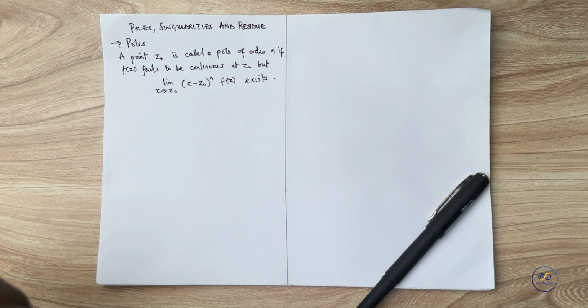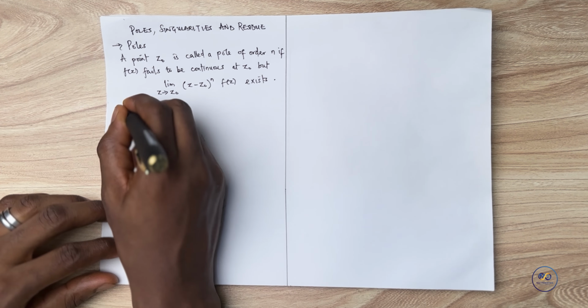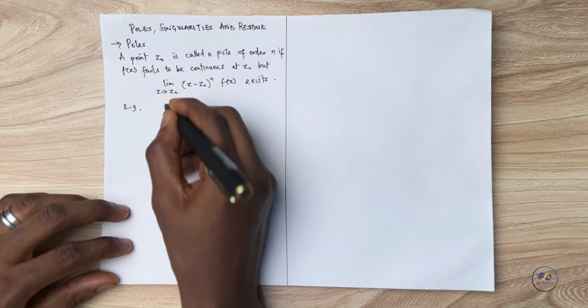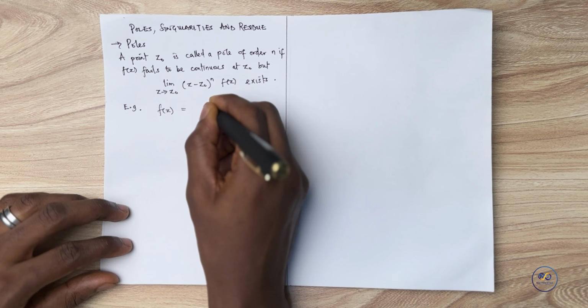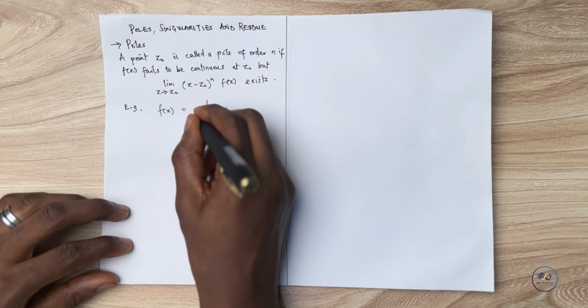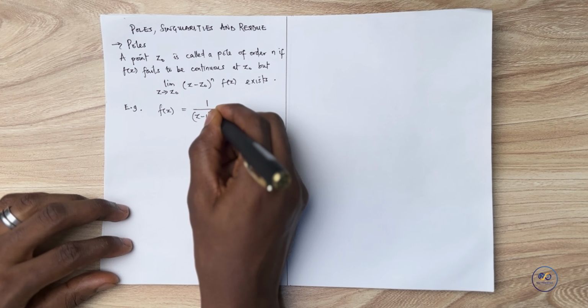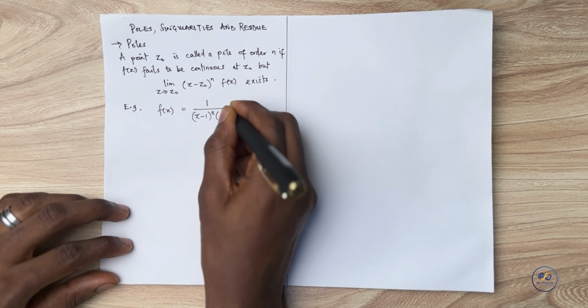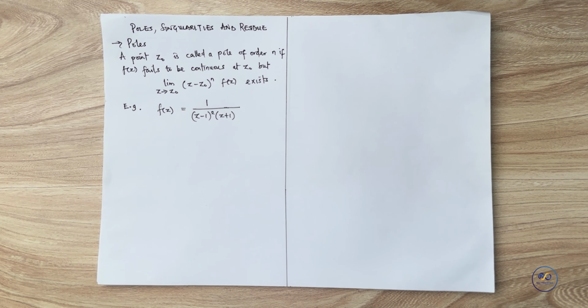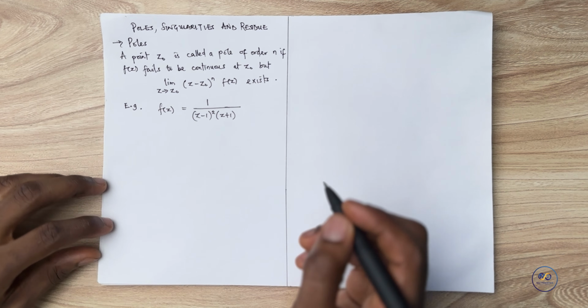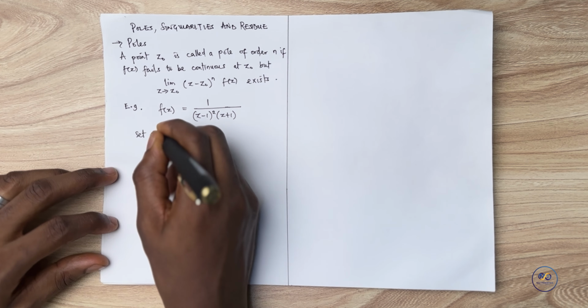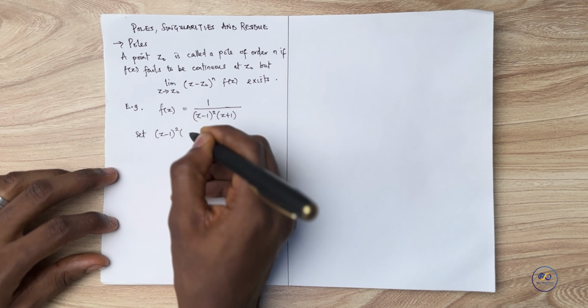undefined. Now, a good example and something very, very simple to work with is if we have a function which is equal to 1 divided by (z minus 1) squared times (z plus 1). Now, in this case, we will notice that for this function to be undefined, we just need to set the denominator to be equal to 0.